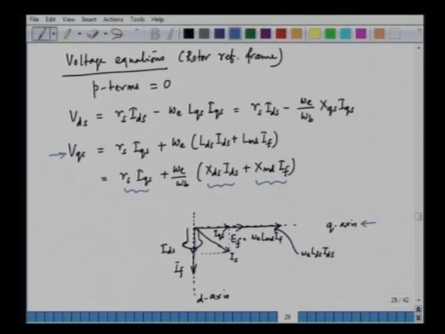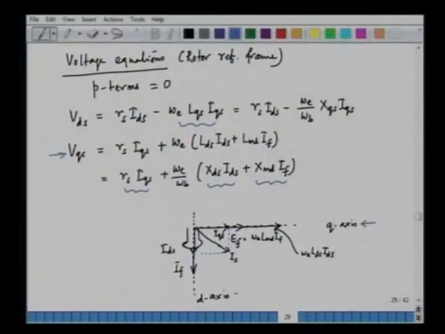So let us come to the d axis. In the d axis, what we have here is minus omega e LQS into IQS. Now, the d axis here is vertically downwards. This is our d axis. Minus omega e into LQS IQS is opposite to the d axis.